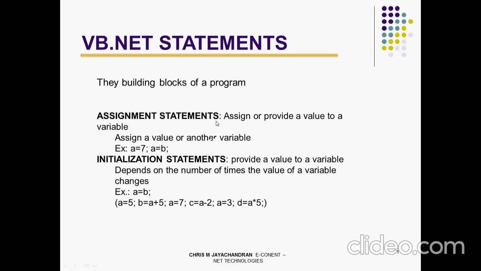In this case, let's say A is being assigned to B. The variable A will take the value of B. In a similar manner, if I say A is equal to 25, we understand that the variable A is being provided with a value 25. So the first category of statement in VB.NET is the assignment statement.